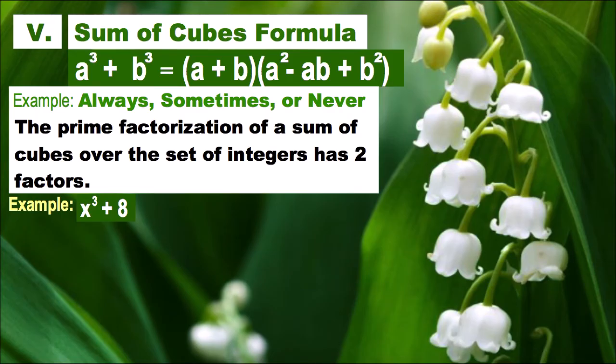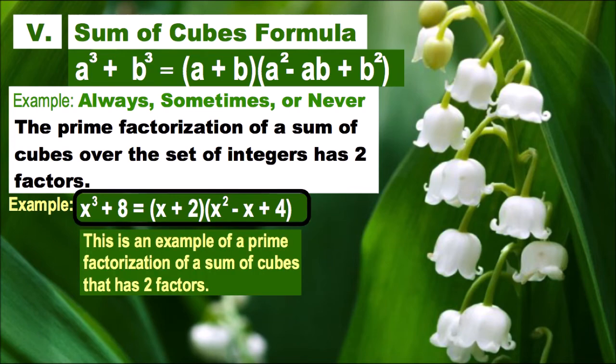Example, x cubed plus 8 equals x plus 2 times the quantity x squared minus 2x plus 4. This is an example of a prime factorization of a sum of cubes that has two factors.